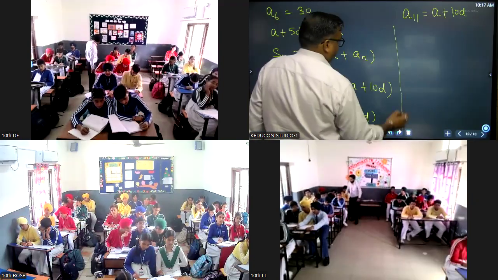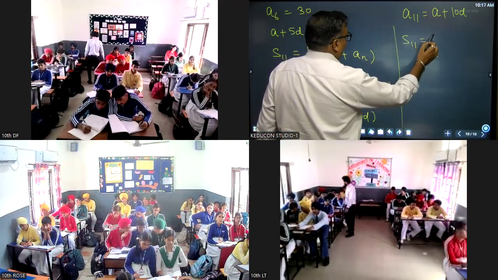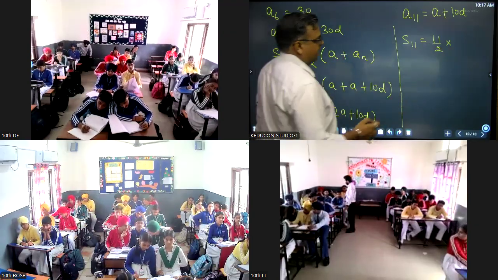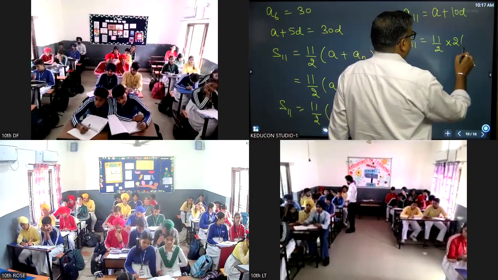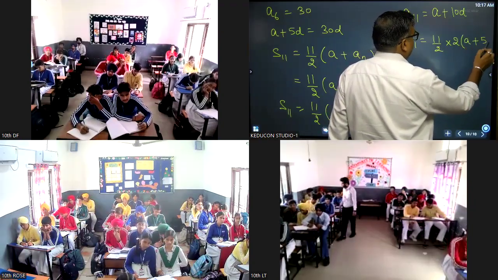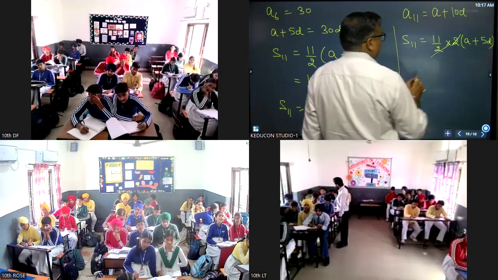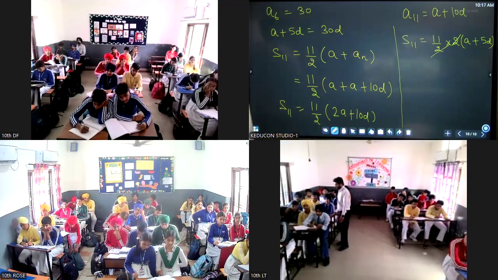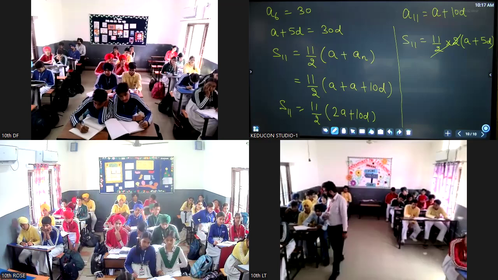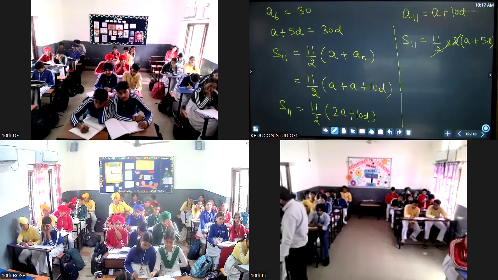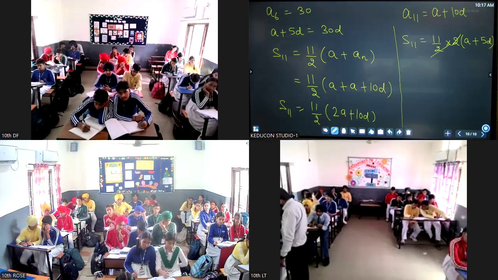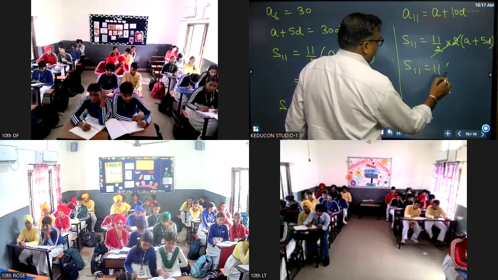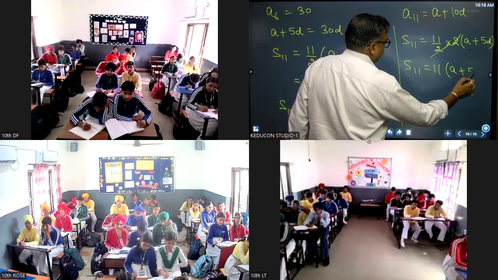Now S11 equals 11 by 2. We can take 2 common from this bracket: A plus 5D. So 2 cancels with 2. Now can anybody tell me how to do the rest of the question? Can anybody tell me after this step? We have got S11 is equal to 11 times A plus 5D.